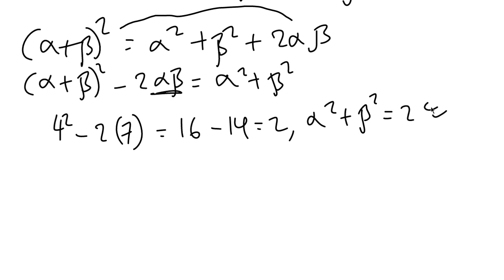You can be given a quadratic equation and asked to find the sum of the squares of the roots, or alpha squared plus beta squared, which is simply alpha plus beta all squared minus 2 alpha beta. Then another way you could be asked is in the case of alpha cube plus beta cube. It's still the same principle.